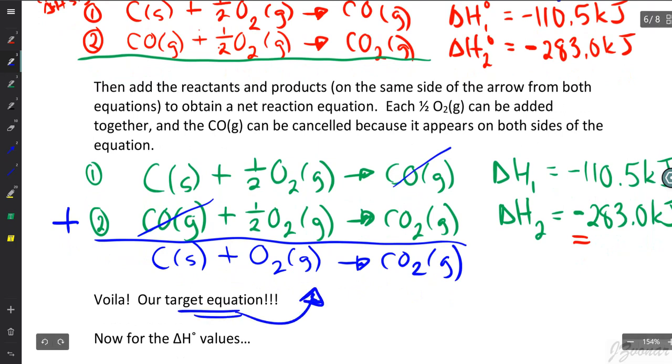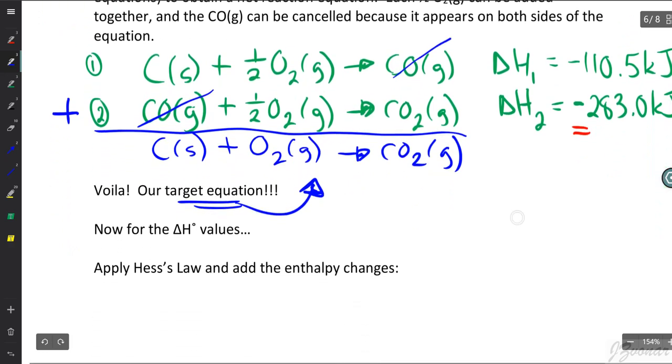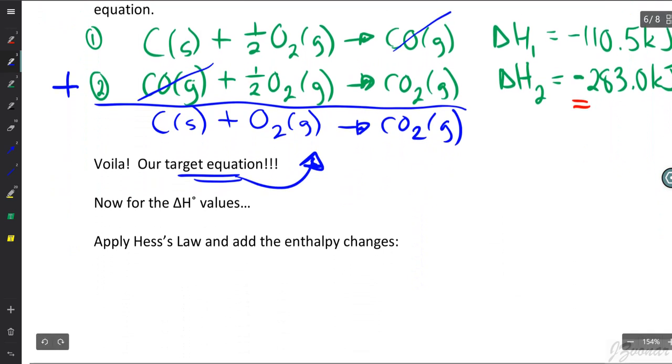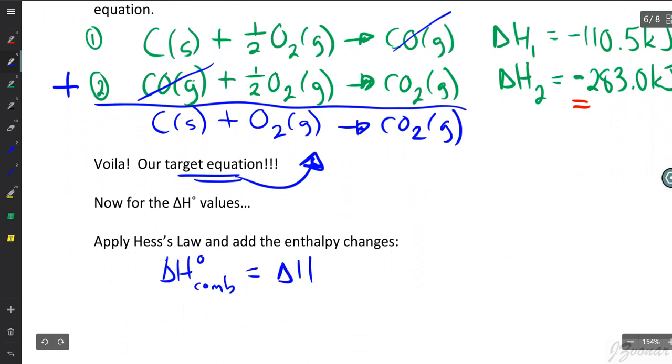All right, so now that I have the correct target equation, I can now apply Hess's law. All right, and so what Hess's law states is that the delta H of combustion for this reaction is equal to delta H1 plus delta H2, making sure that the delta H values I use are the ones that I've manipulated through the process.